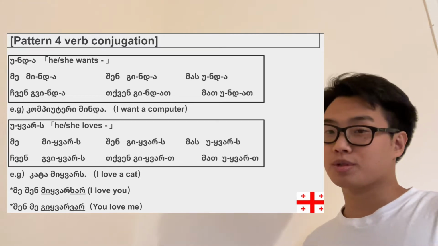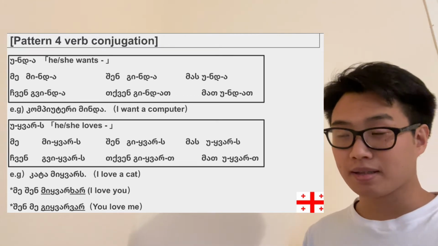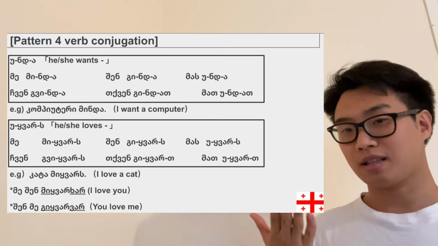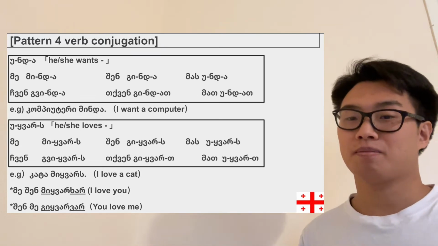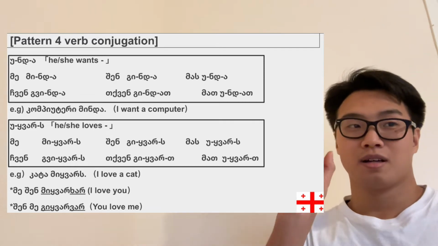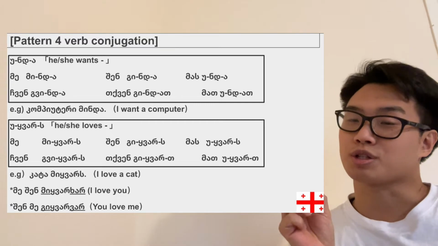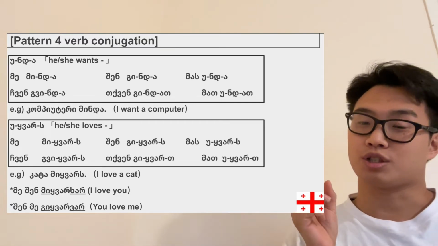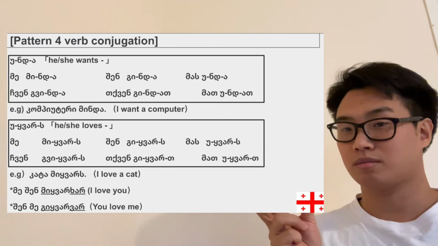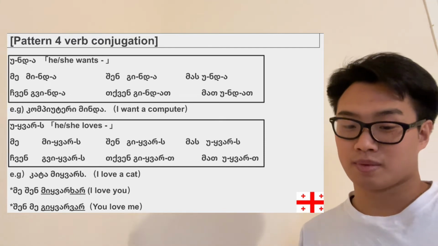For example, if we want to say I love a cat, it would be kata, cat, mikhwas. I love a cat. Here, kata is, in English, an object, but in Georgian it should be in nominative case. So not katas, but kata, just kata mikhwas.